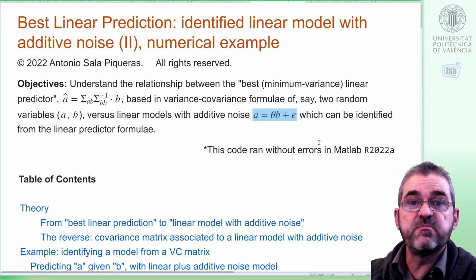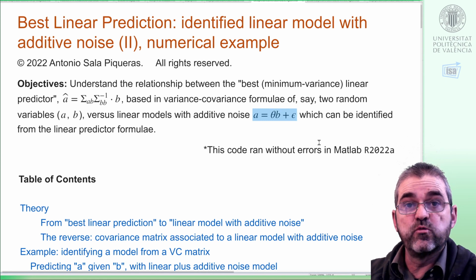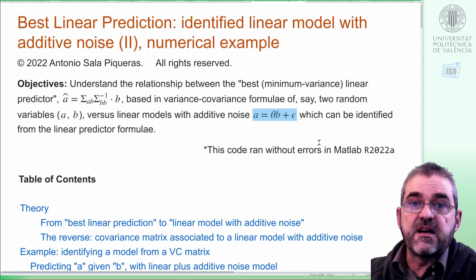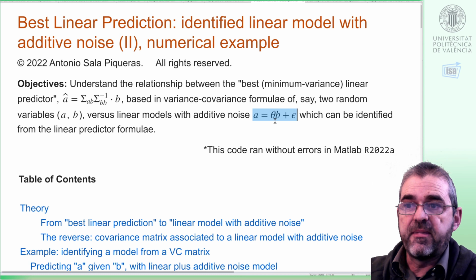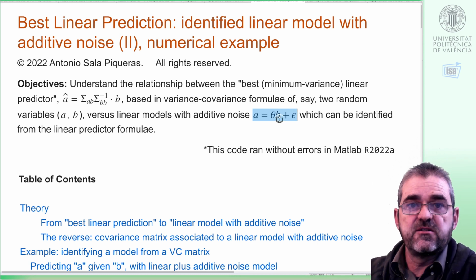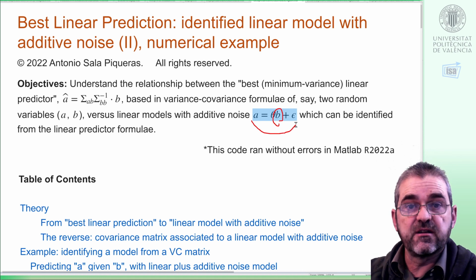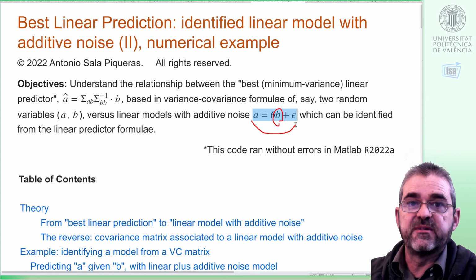One is predicting A given B, another one is predicting B given A. We may have thought that the two models are the same, that I can obtain the second model by just algebraically solving for B in these equations, as done with deterministic equations, but that's not true. I can solve algebraically for B given this equation, but then the resulting model will not be the optimal linear prediction, the optimal inverse model in a statistical sense.